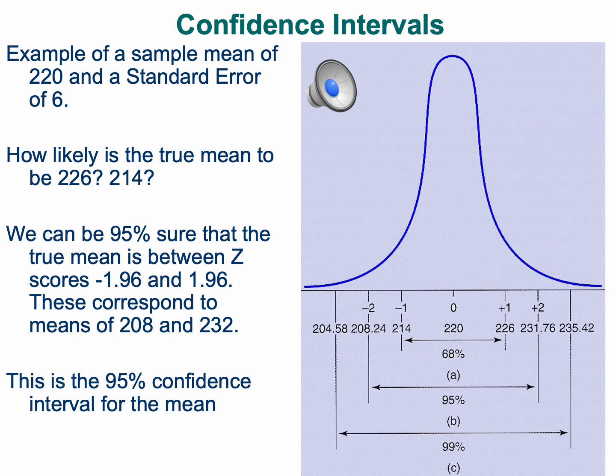So if you take the standard error of the mean of 6, multiply that times 1.96, and then subtract that from the mean of your sample, and also add it to the mean of your sample, you express this in terms like the population mean is 220 plus or minus 12, and that corresponds to a mean of 208 on the bottom end and a mean of 232 on the top end. So you can say this is the 95% confidence interval for this mean.